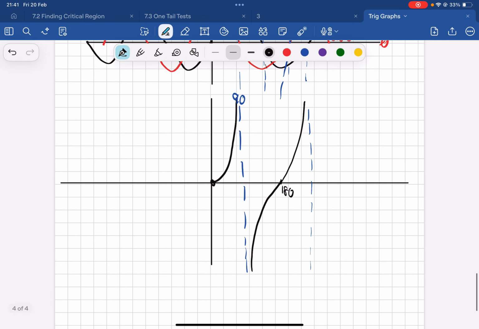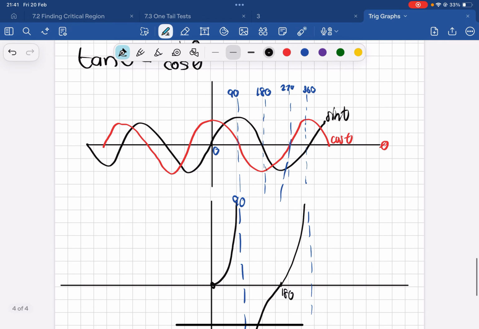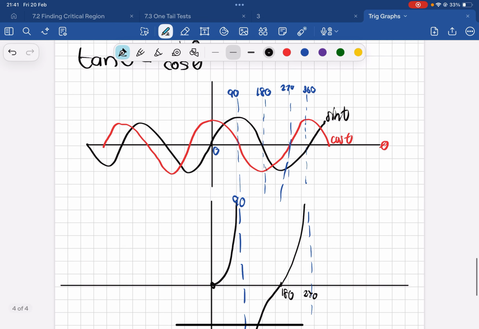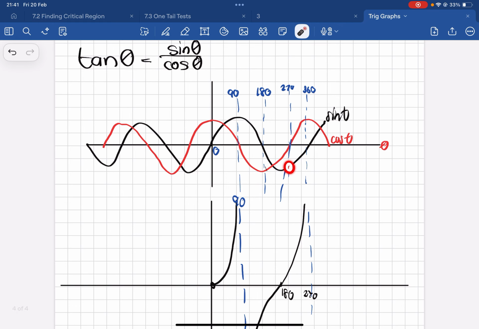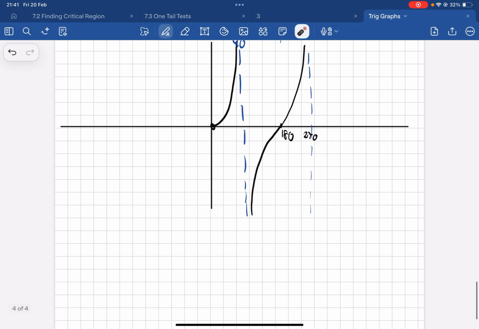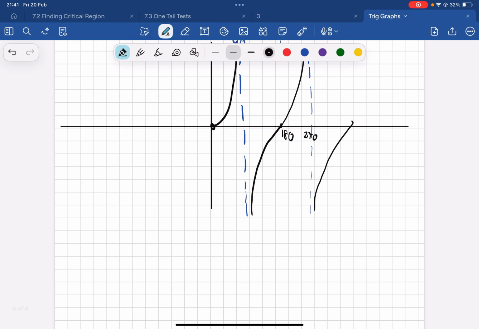Let's just check 270 to 360. From here, we've got negative 1 over something very close to 0, but from the positive side, so we're coming from negative infinity up to 360.